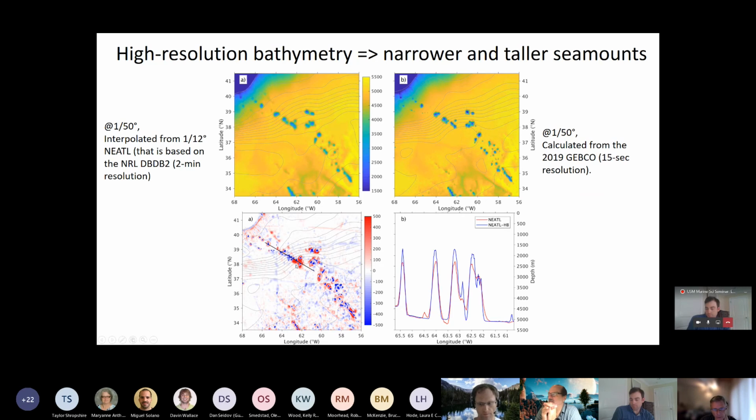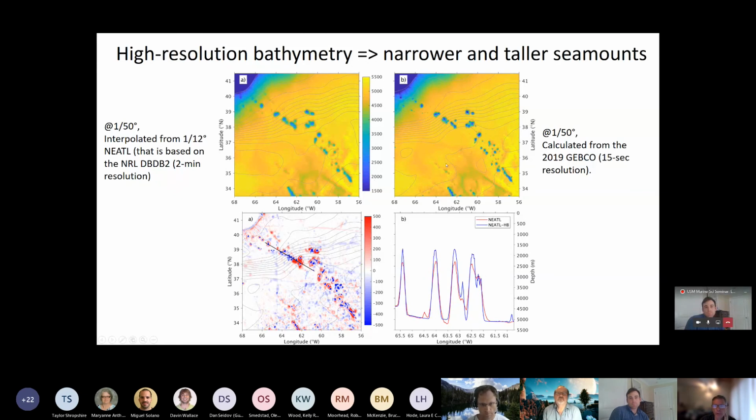And so you have a sharper definition of the New England seamounts. If you take a cross section through the New England seamounts, with the new bathymetry in blue versus red for the old bathymetry, mostly what you have is that the seamounts are about 500 meters taller, just a few hundred meters, and they are more sharply defined, meaning that you have a separation between these features.